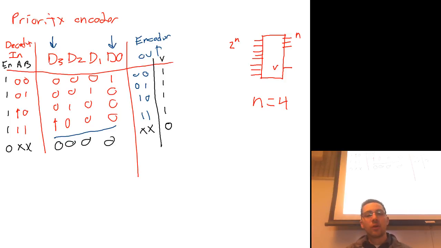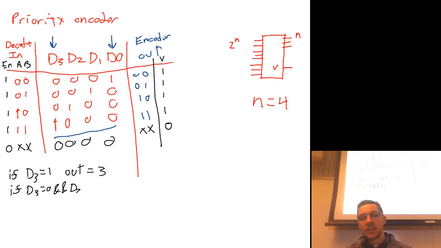So now we've got a way to work from this, and we're going to say if D3 is 1, our output is 3. If D3 is 0 and D2 is 1, output is 2.